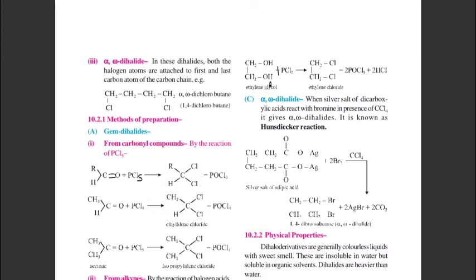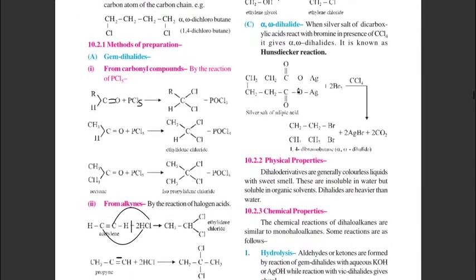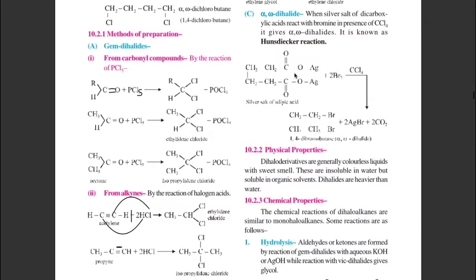Okay, HCl, both H get removed, and with 2 Cl, 3 Cl combined with phosphorus and oxygen, so we get phosphoryl chloride, HCl, and then the remaining Cl atoms will attach to these 2 carbon atoms. Okay.